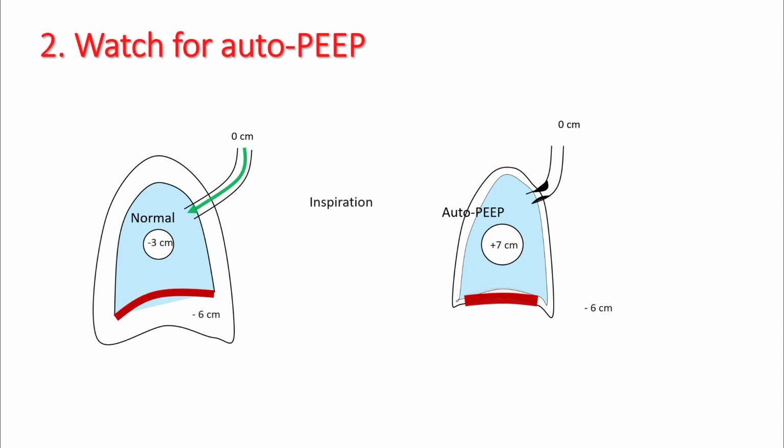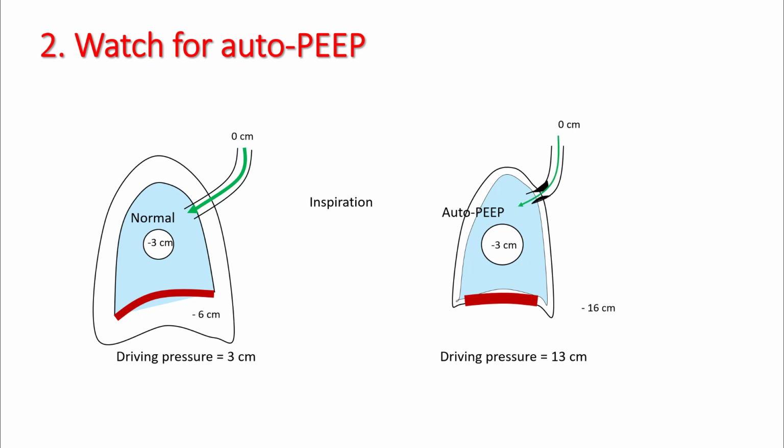When you inspire, you generate -6 centimeter of intrapleural pressure, and in a normal alveoli, the pressure drops down to -3 centimeter, and the air can flow from the higher pressure to lower pressure. However, if you see the patients with auto-PEEP, their intra-alveolar pressure is still +7. It has dropped from 10, but it is still high, so no air can still flow.